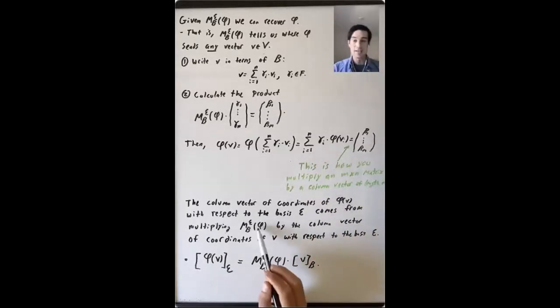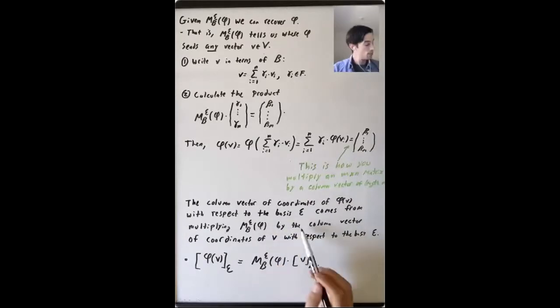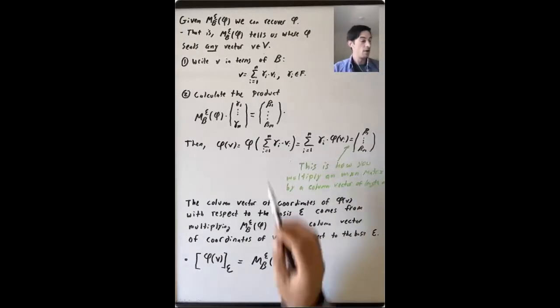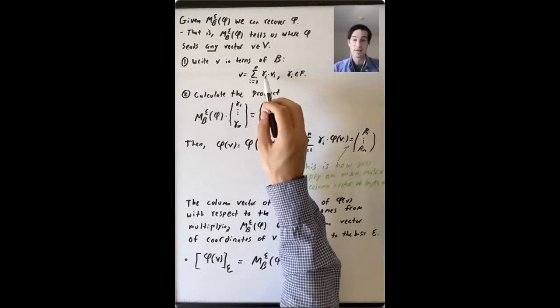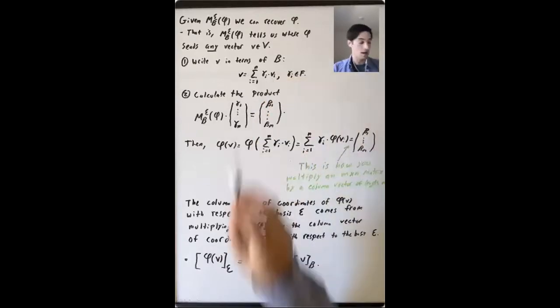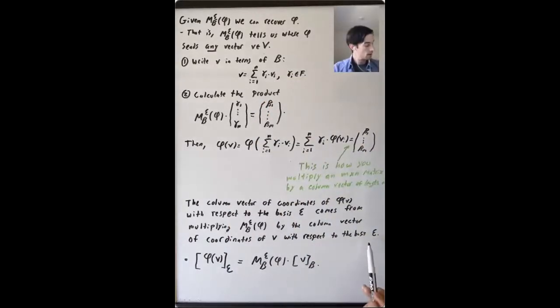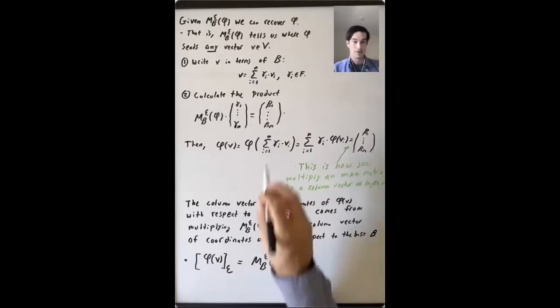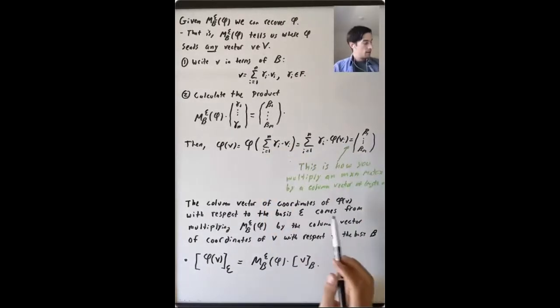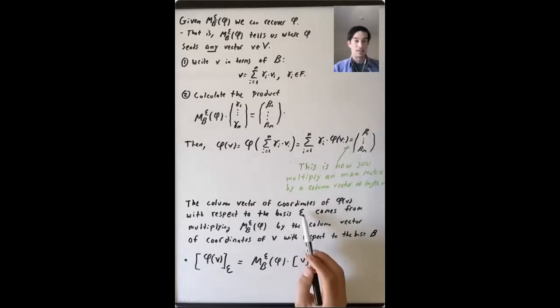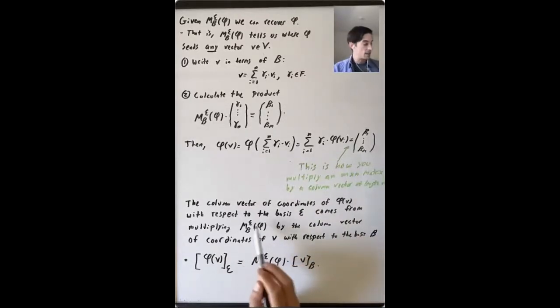They come from taking this matrix and multiplying it by the column vector of coordinates of v when you express it as a linear combination of the basis B. So the coordinates of phi of v with respect to the basis E come from taking this matrix and multiplying it by the column vector of coordinates of v with respect to the basis B.